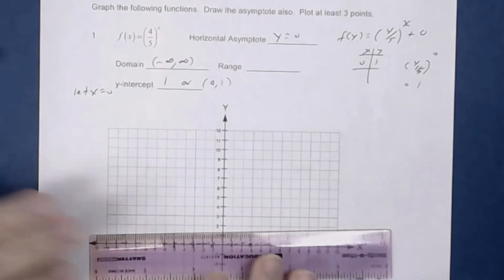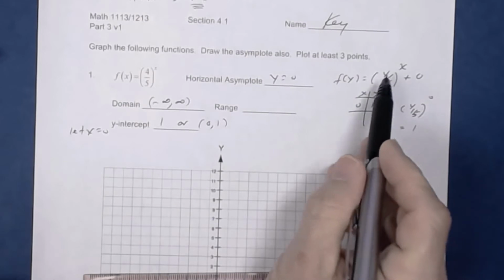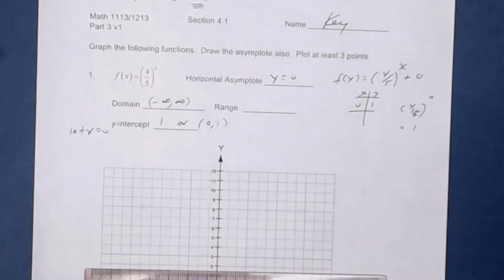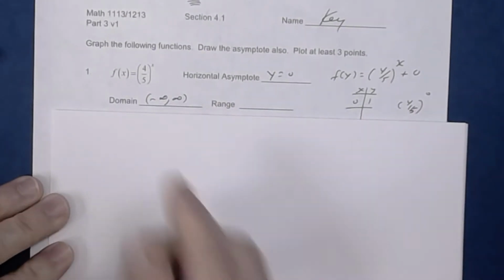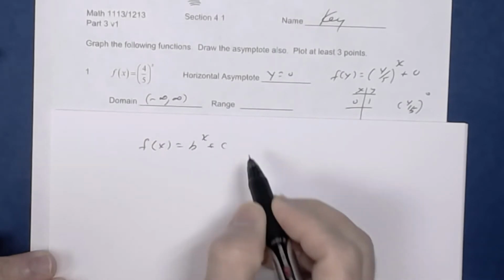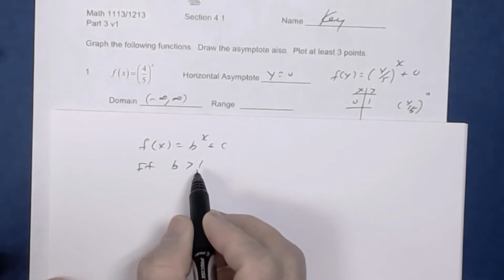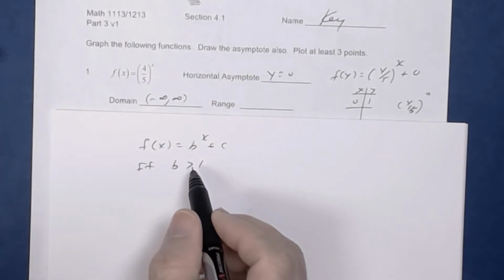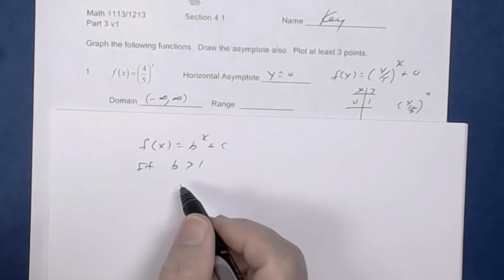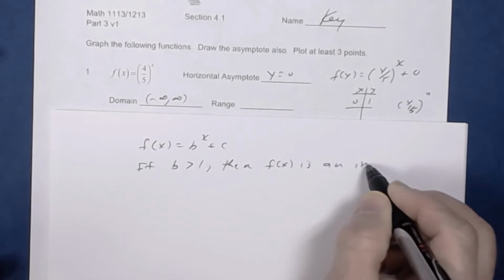The other thing you need to remember is this. We talked about in previous lessons that given this exponential function, f of x equals b to the x, or b to the x plus c, whatever it may be, if b is greater than 1, if the base is greater than 1, like 1.0, 2.5, 3, 7 halves, situations like that, then f of x is an increasing function.